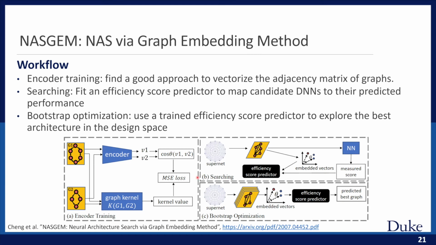We use this predictor to estimate the performance instead of trying to optimize the architecture weights. And therefore, at the end, we use the trained predictor to explore the best architecture in the design space. This is very conceptual, and this paper was recently accepted by AAAI next year as well.